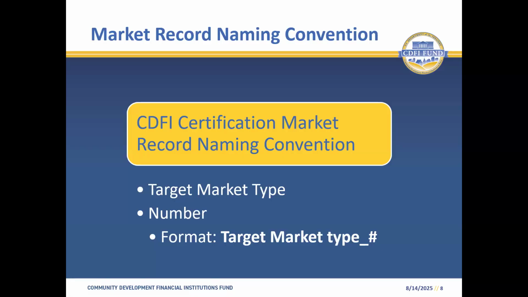The number is the second aspect of the naming convention, and this represents a record's place in what might ultimately be a sequence of records presented to the CDFI Fund for the exact same market component. For example, 1 would be used for the first time a market component is presented. 2, if that same exact market component is presented a second time in connection with perhaps an amendment to the overall target market.